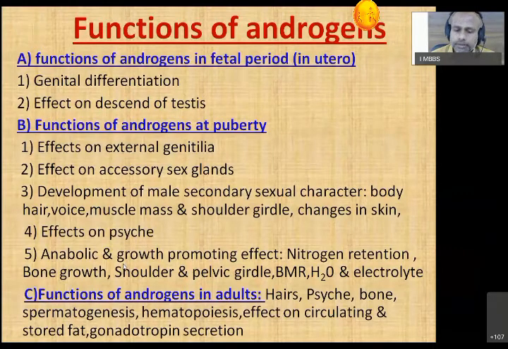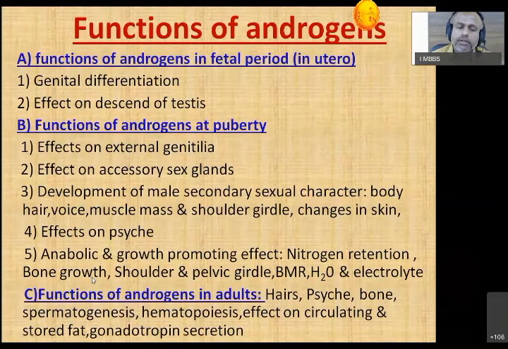Testosterone is an anabolic, growth-promoting hormone. Anabolic means nitrogen retention. A lot of muscle mass is achieved by nitrogen retention. Generally, bodybuilders take external testosterone, which is the misuse of testosterone in athletes to develop muscles. Bone growth, linear growth as well as thickness and strength of bones, is increased by the anabolic effect of testosterone.